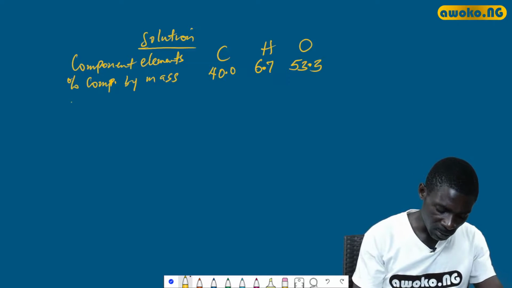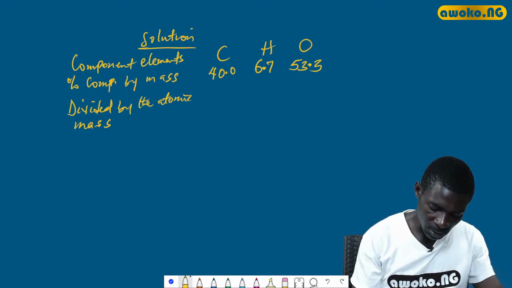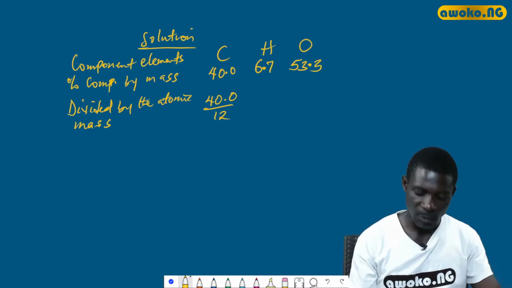Now the next thing we do is to divide the individual percentages by their atomic masses. So with this, we have 40.0 divided by the atomic mass of carbon, which is 12.